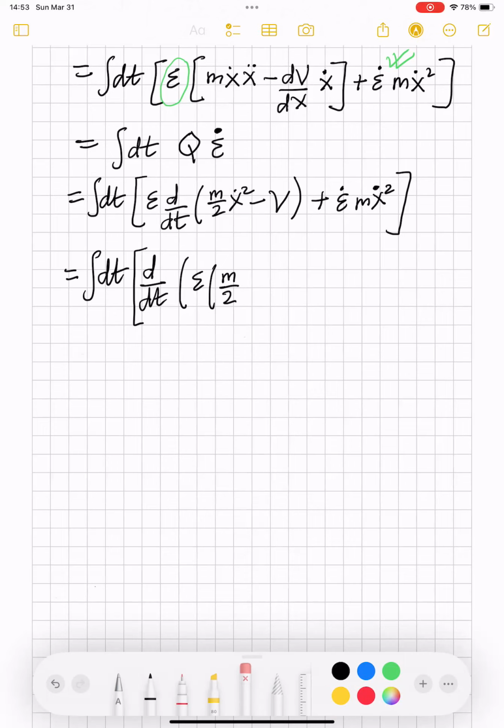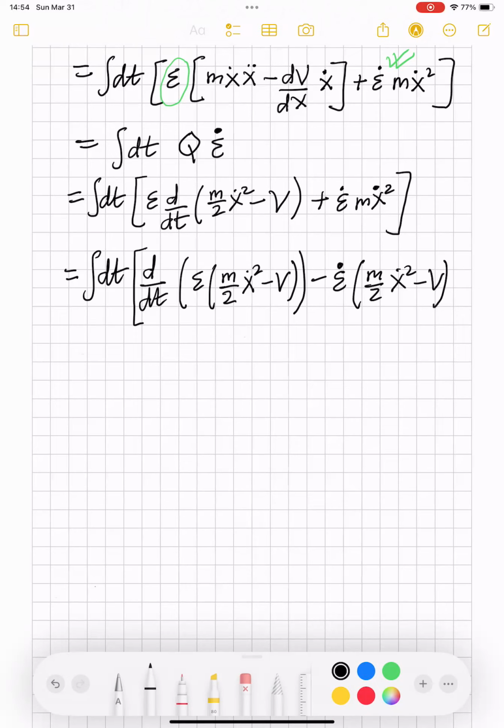Let me put them in. So this should be an x dot squared minus v. Okay. When I differentiate this product here, when the d by dt acts on the second bracket, I get the term above, but I don't have the term with the d by dt acting on the epsilon. So I'll just subtract off epsilon dot m over 2 x dot squared minus v.